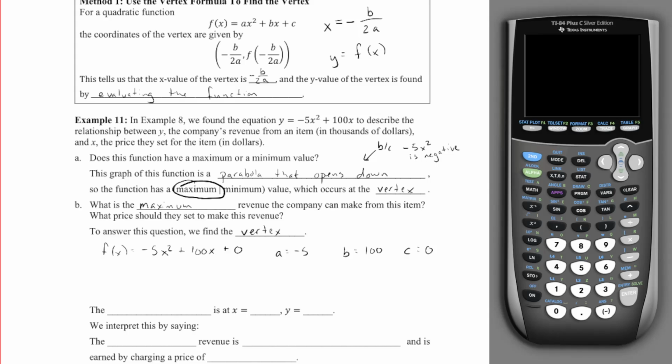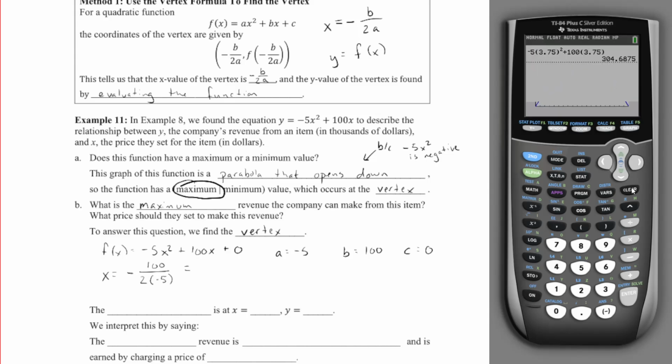So that a, b, and c are what goes into the vertex formula. So my x-coordinate is the opposite of 100 over 2 times negative 5. So I'm going to just put that into my calculator as the opposite of 100 divided by 2 times negative 5. And I get that that's 10.